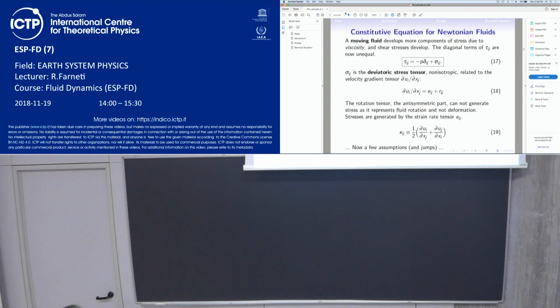It's not isotropic, obviously. The isotropic part is the static component. The deviatoric stress tensor is related to the velocity gradient tensor, which we have seen already. That velocity gradient tensor has two components: E, the symmetric part, and R, the one related to the rotation. And then the rotation part has a half.